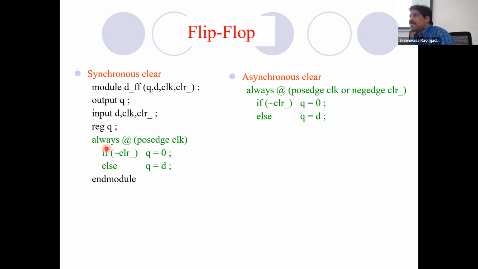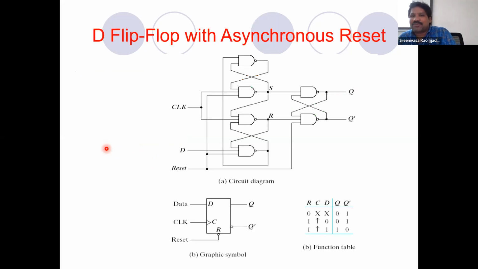And moreover, clear has the upper hand over the other things. But here I am talking about reset. So, is there any difference between the clear and reset? Yes, a lot of difference is there. If there is no difference, why do you use the 2 things? Why don't you use only a single one?